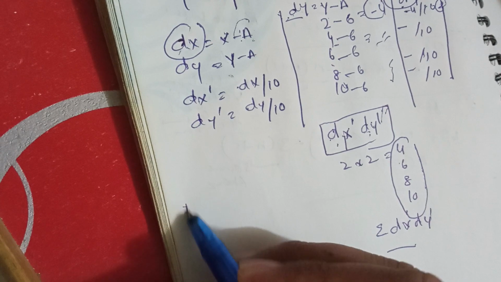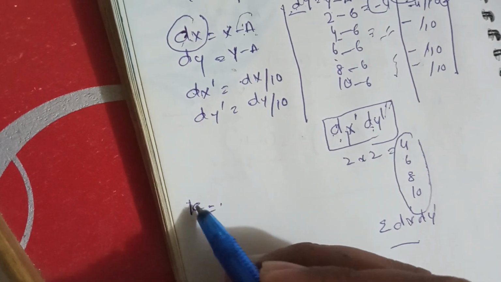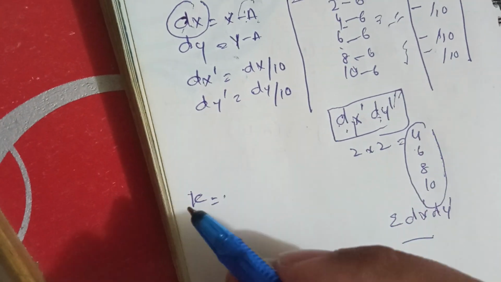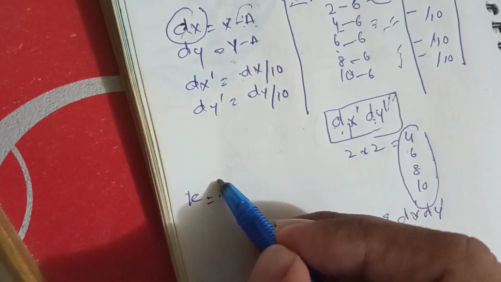The formula of Karl Pearson: k is equal to, I'm giving it the name k myself, you can give it any name, but you are supposed to remember the exact formula.